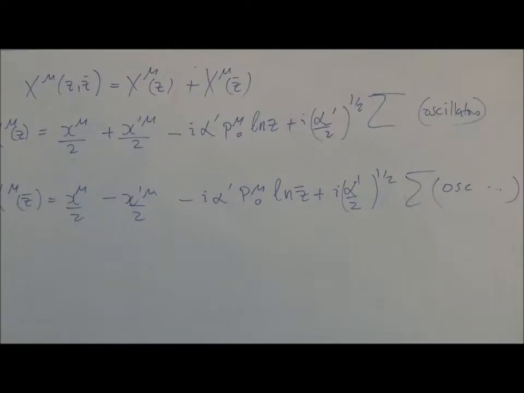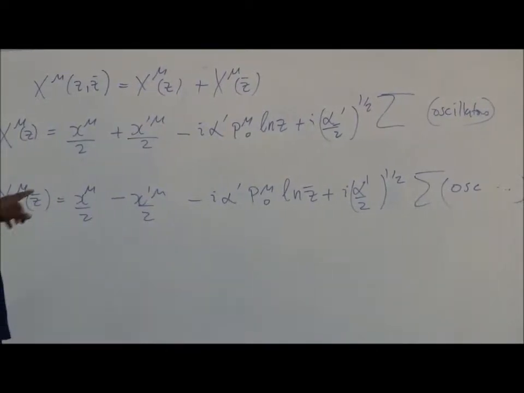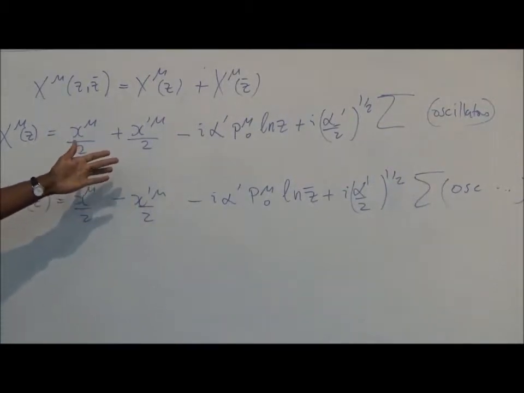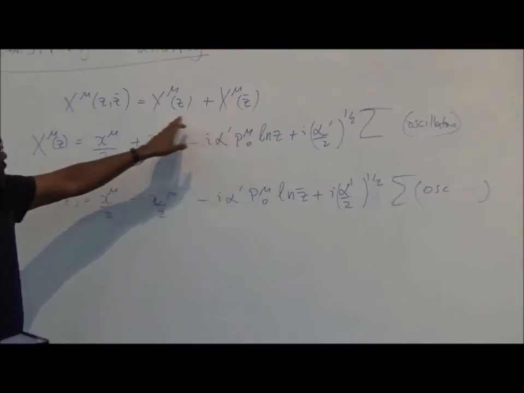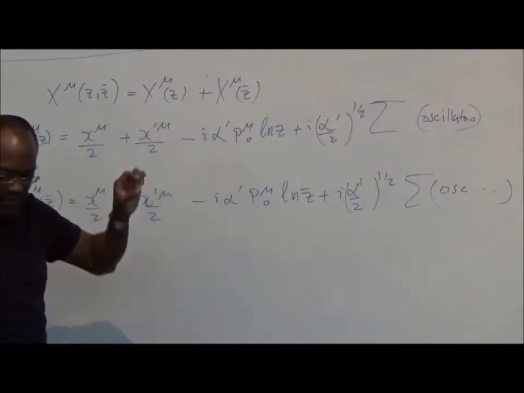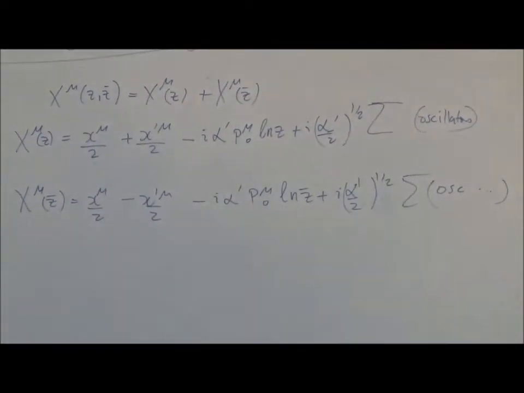I've introduced this thing x prime mu over 2. I added it in here and subtracted it out here. Doesn't matter, because so far in everything we're doing, this thing would just cancel out in our definition, and it'll have meaning shortly.